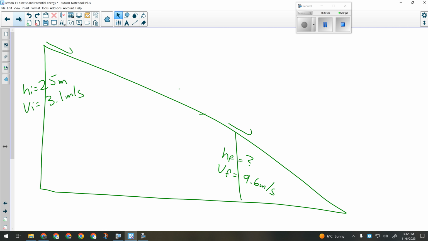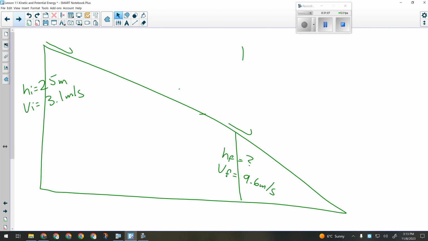How far above the bottom are they at that point? The hill is frictionless. So no energy is being lost and no work is being done between the starting point and the ending point in this question. What does that mean for your mechanical energy, top versus bottom? They're the same.